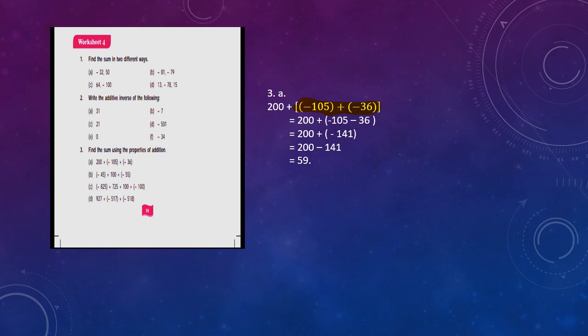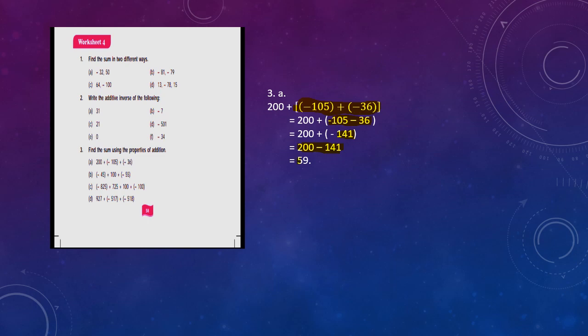Like minus of 105 plus minus of 36 means minus 105 minus 36. 200 plus minus of 105 minus 36 is equal to 200 plus minus 141, meaning minus 105 and 36 together gives minus 141, which is equal to 200 minus 141.